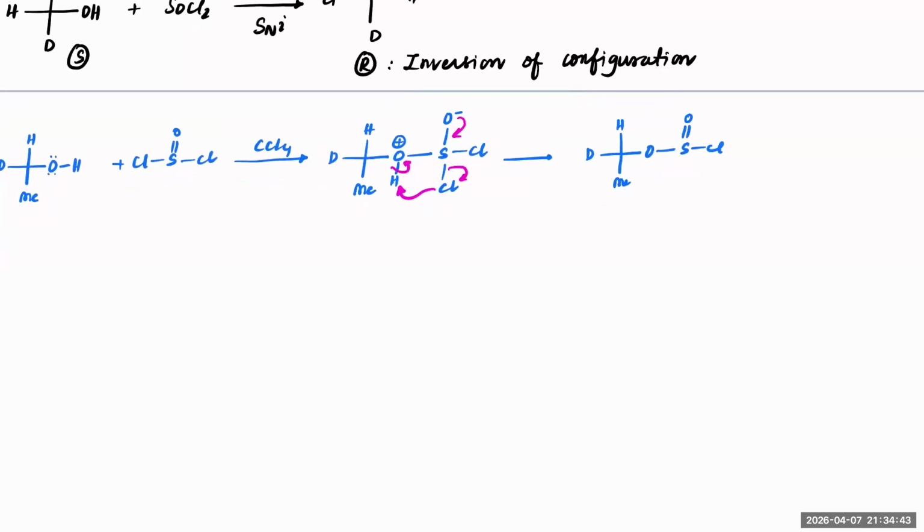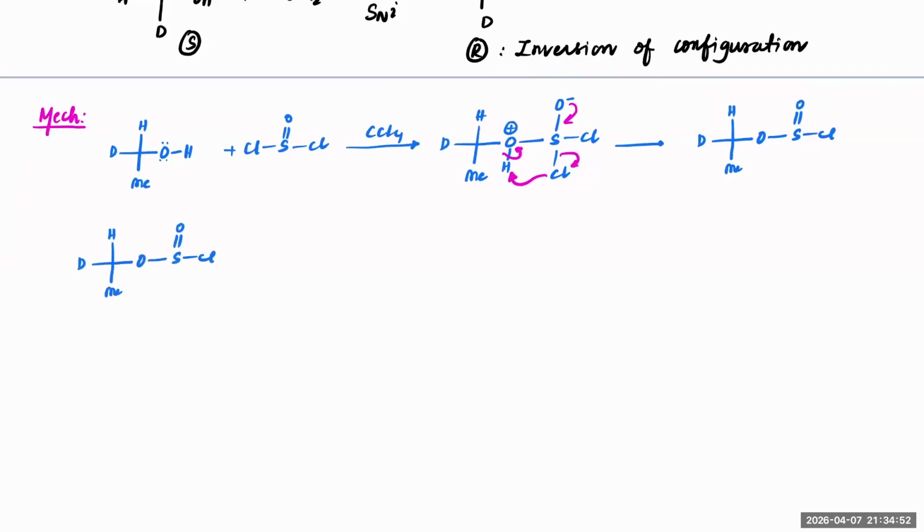Now, what would happen here is once you get this intermediate, this is the intermediate which we got. Now see how the movement of the electrons will take place.